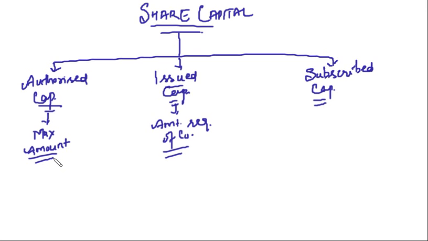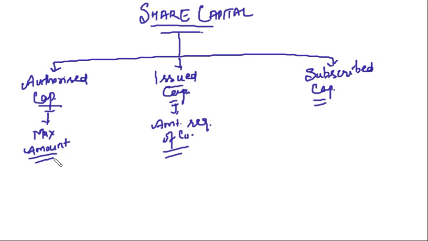Like you get 1000 per week, but on the first day you tell your father that you have a requirement of 500 only, so give me 50 notes of rupees 10 each. That is the issued capital. According to your requirement of capital, you will issue the number of shares.